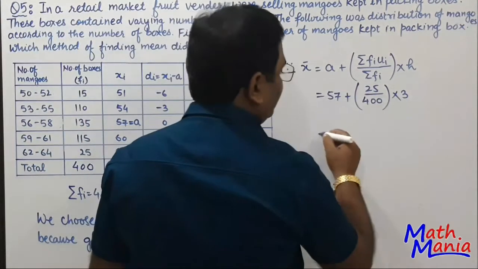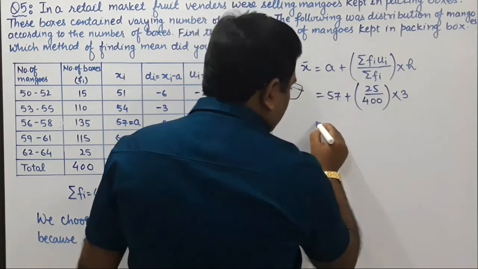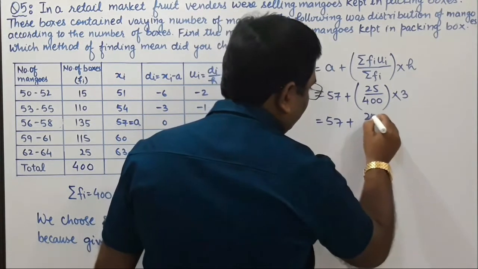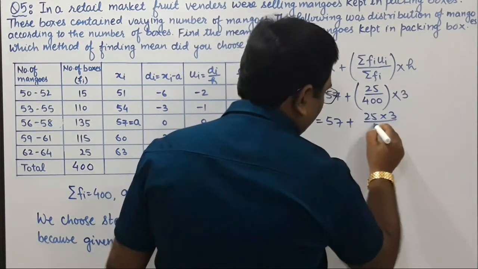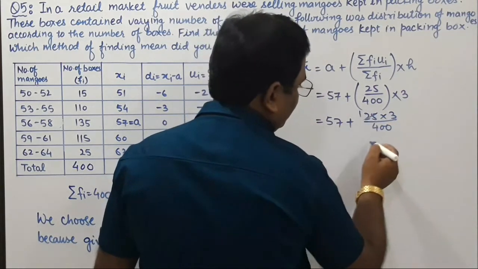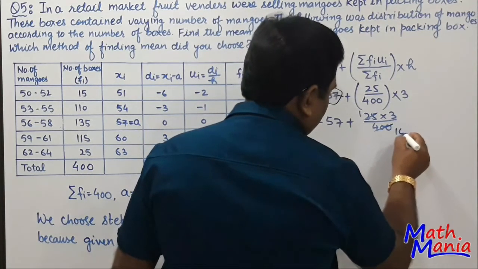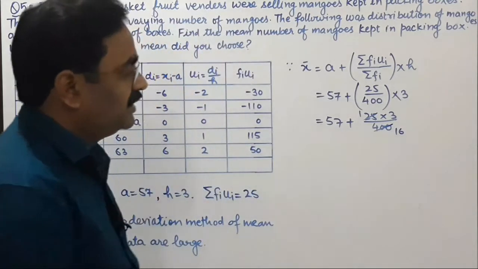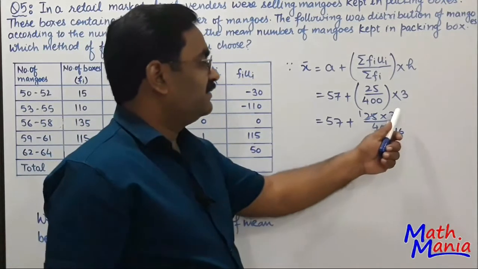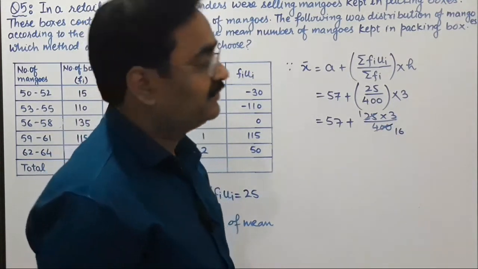अब इसको सिंप्लीफाई करते हैं. This can be written as 57 plus 25 into 3 upon 400. So 25 ones are 25, 25 16s are 400, right? So let's divide 3 by 16 and write at least 2 digits of the number.